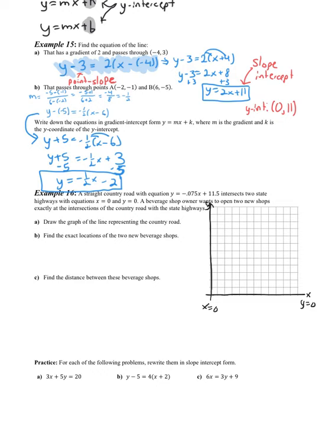And it says that this road is at 11.5, so let's see, 1, 2, 3, 4, 5, 6, 7, 8, 9, 10, 11, 12, so we could just say 12 up here, and then the y-intercept would be at 11.5 right there.